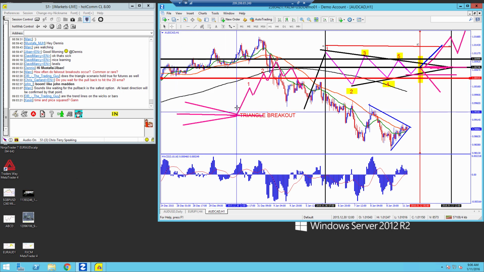So triangle breakout, if it breaks out and is very impulsive, you're going to get that drive, that shallow pullback, that drive, that shallow pullback, that drive.